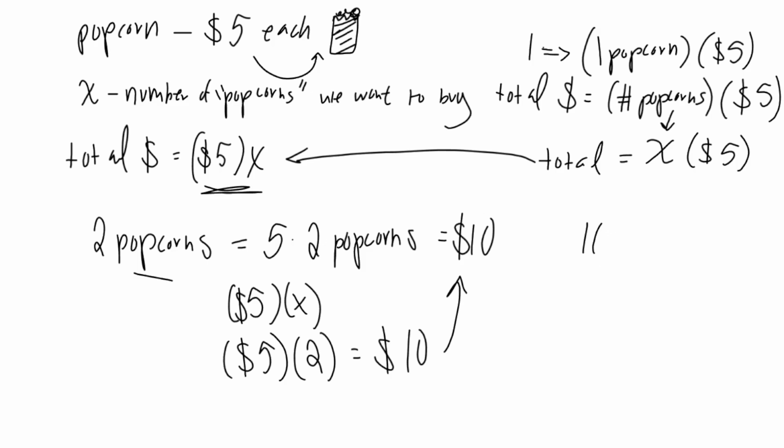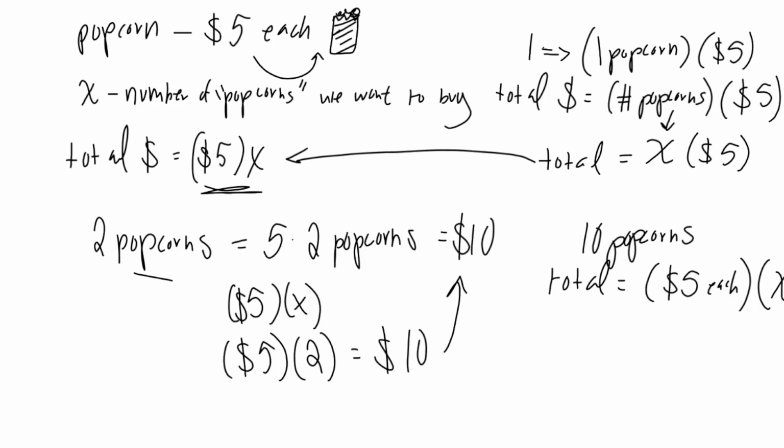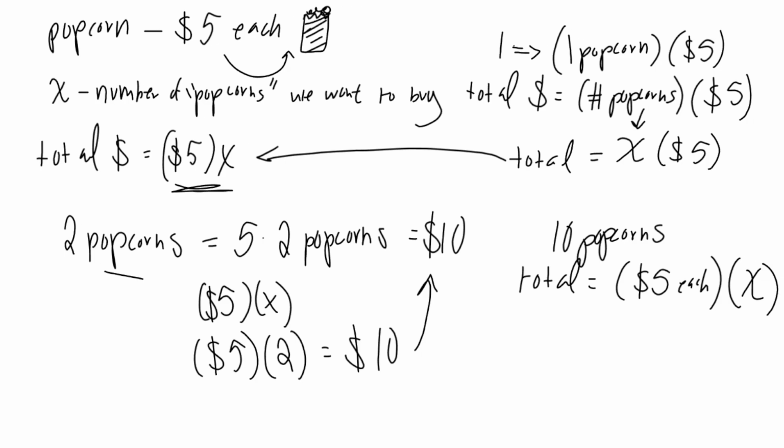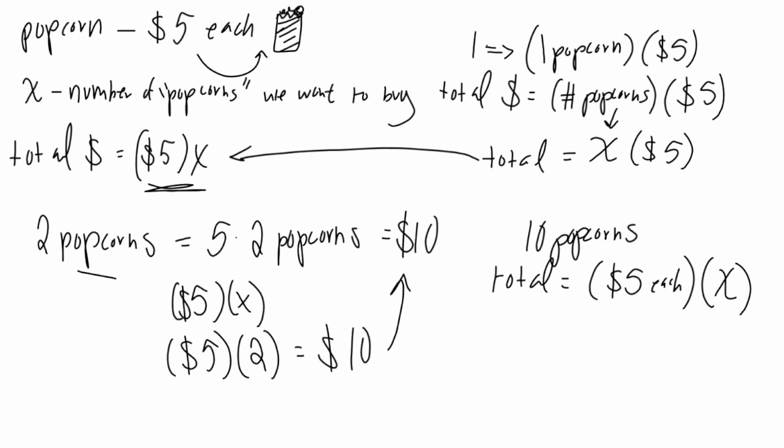So maybe we want 10 popcorns instead, right? So using the total equals $5 each times x, which is the number of popcorns we want to buy, right? Number of popcorns we want to buy, right? So this would be equals $5 each, right?